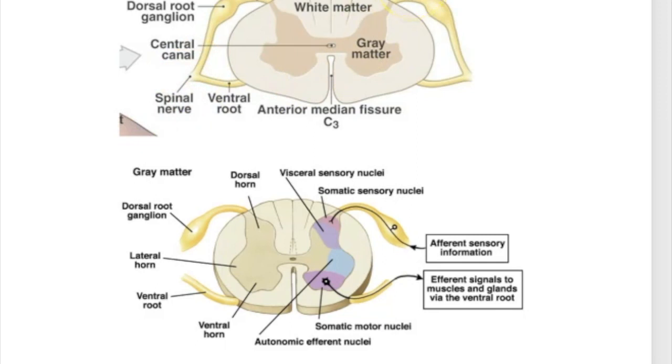Over here on the right side, we see the same thing. Dorsal horn gives rise to the dorsal root and the dorsal ganglion, which carries sensory information. The ventral horn gives rise to the ventral root, which carries motor information. These two are going to combine into a spinal nerve.